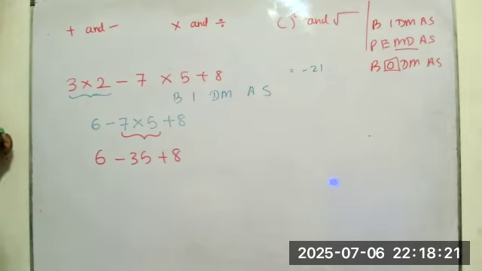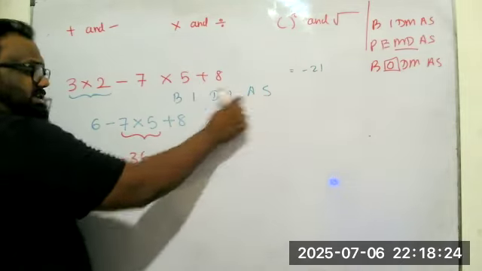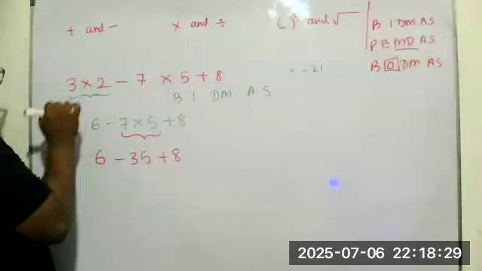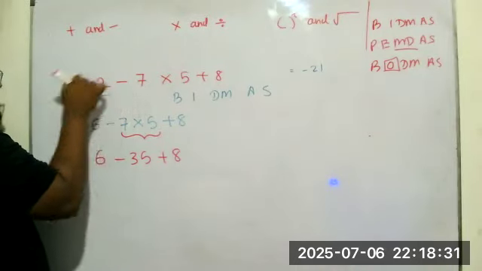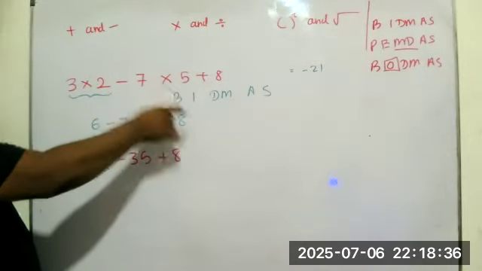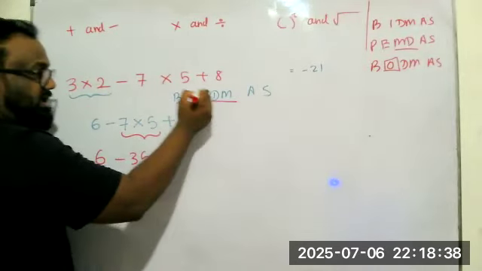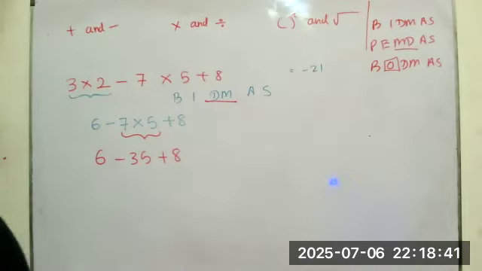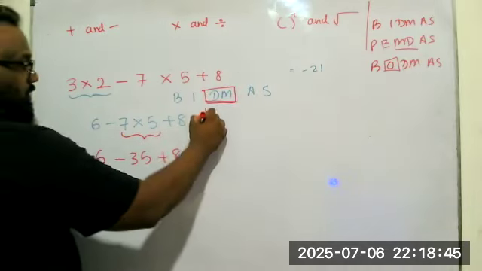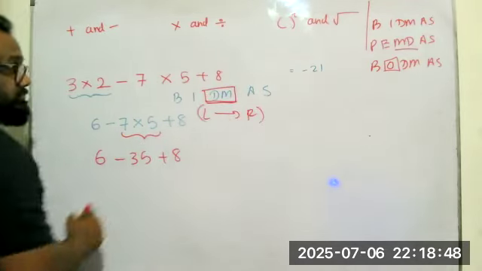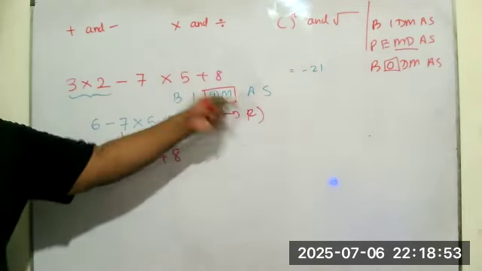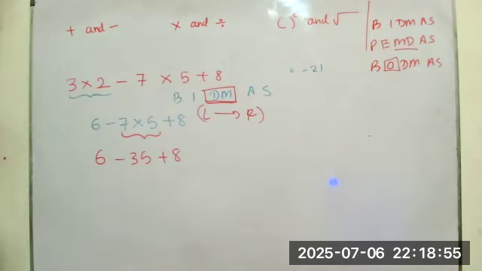Now the multiplications are done first because we have to prioritize division or multiplication, even though we followed the left to right rule. Correct or wrong? Correct. Once the multiplication is done, then we move on to addition or subtraction.